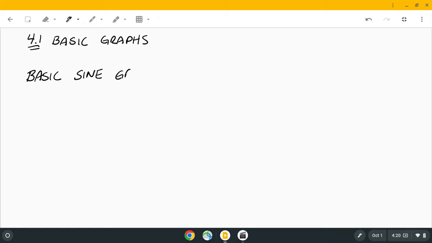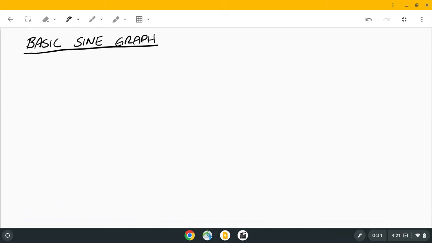So what we're doing here in chapter 4 is we're going to be looking at all the different graphs. So here in 4.1, we just start off with the most basic equation. So we start off with just y equals sine x, as opposed to, you don't have to copy this down, but as opposed to something that looks more like this.